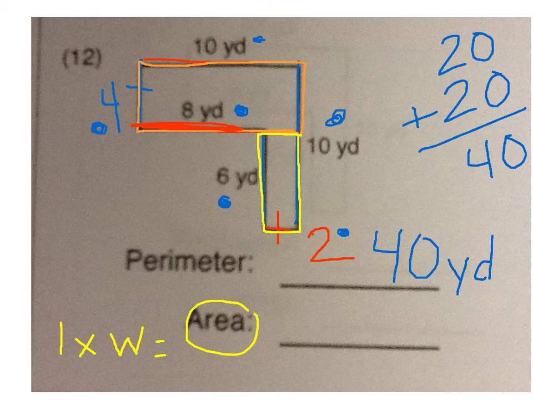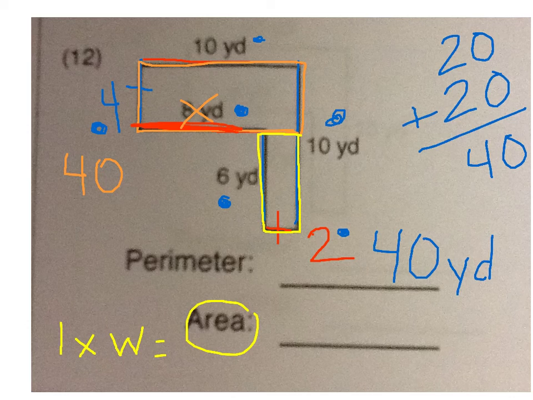So we're going to take the 10 times 4 and we're going to get 40. So I'm just going to leave that right there.